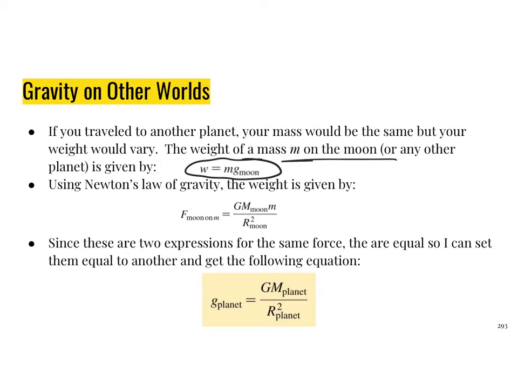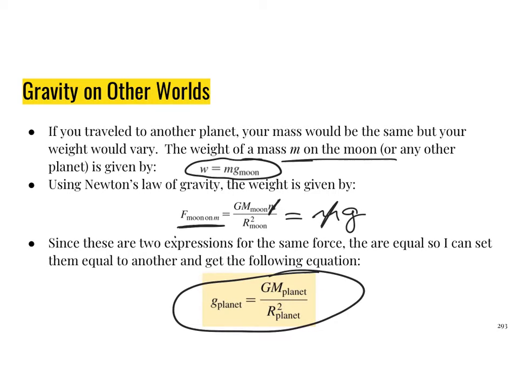Well, if I set this force of the moon equal to mg, then this little m right here, the mass of me, and this, the mass of me, cancel, and then I get this formula that the gravity on any planet ever, anywhere, is based on Newton's gravitational constant, the mass of the planet, and the radius of the planet squared.